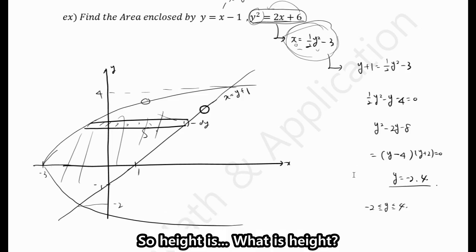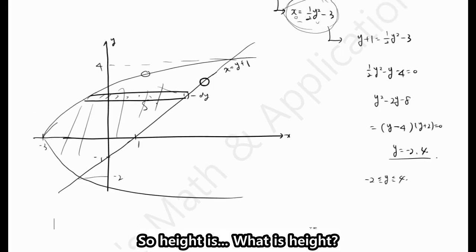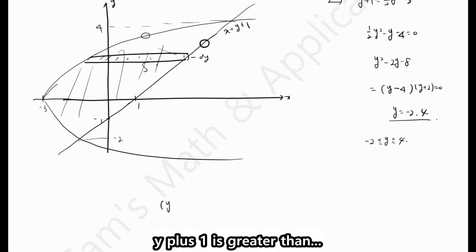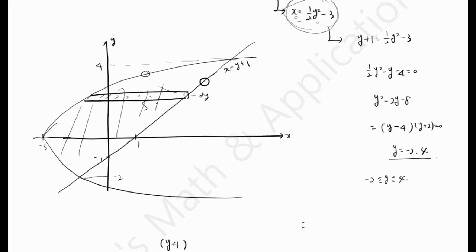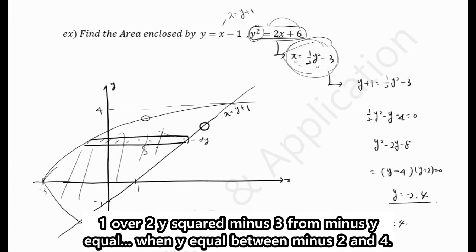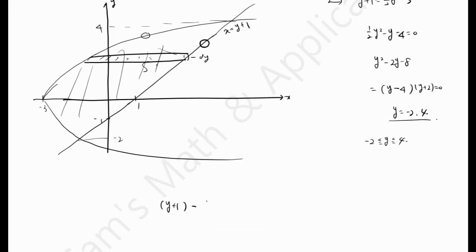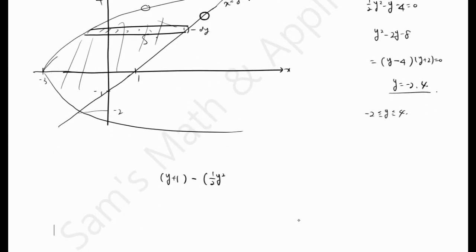What is the height? The height is y plus 1, which is greater than 1 over 2 y squared minus 3, when y is between minus 2 and 4: y plus 1 minus 1 over 2 y squared minus 3.